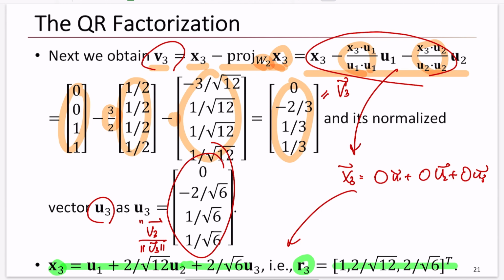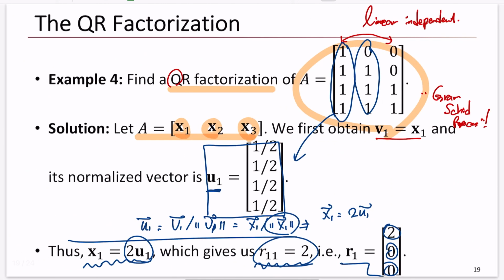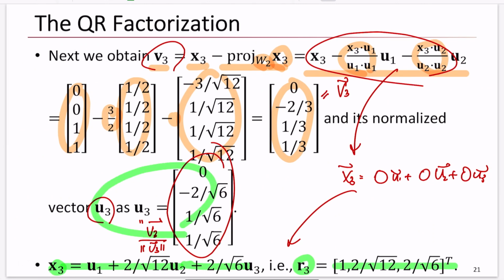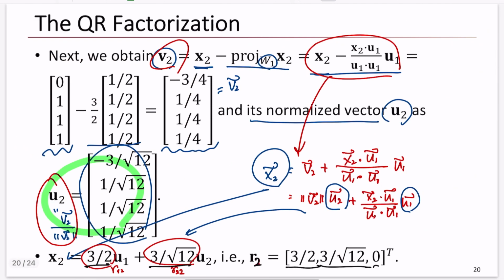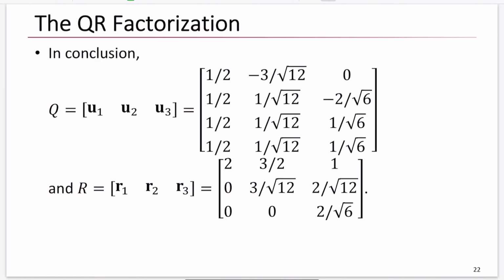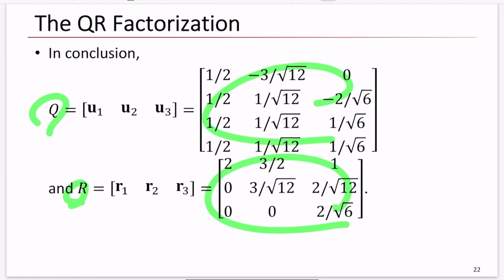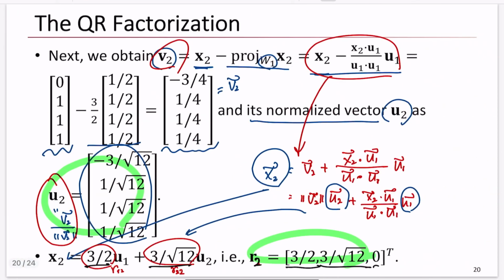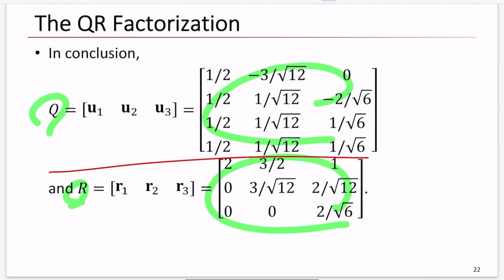So in other words, we can fill the matrix Q because it consists of u1, u2, and u3, which are the result of the Gram-Schmidt process, and we can build R from r1, r2, and r3 like this. So in other words, this matrix A can be factorized by Q and R. So this is the QR factorization.